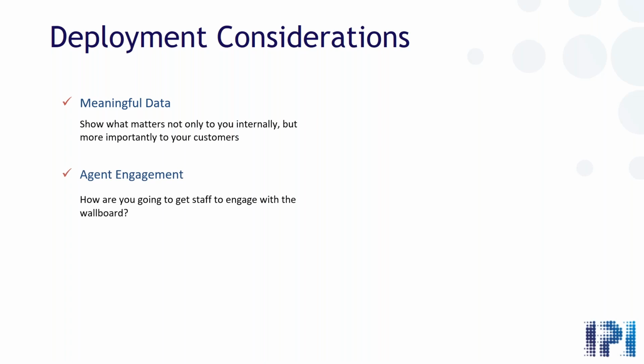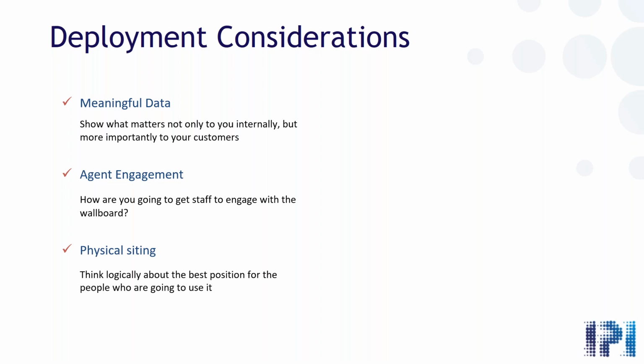Agent engagement. This is really, really key. How are you actually going to get staff to engage with that wallboard? So again, you need to be thinking about the type of data that you're showing, the complexity of the data, and ensuring that the agents can actually action what they're being shown, and that it allows them to have a positive impact on their working day.